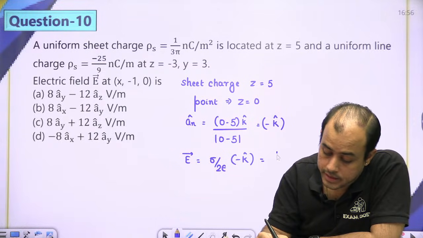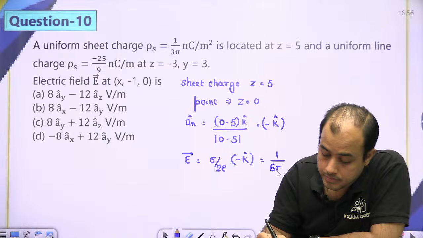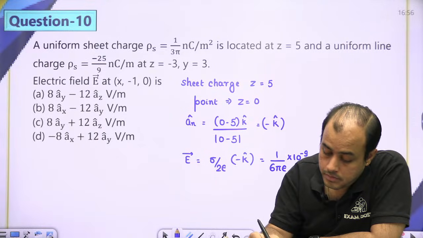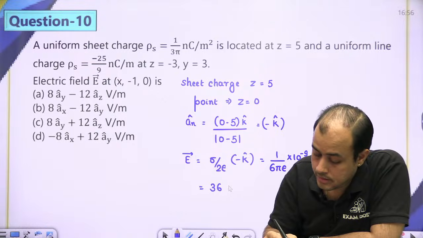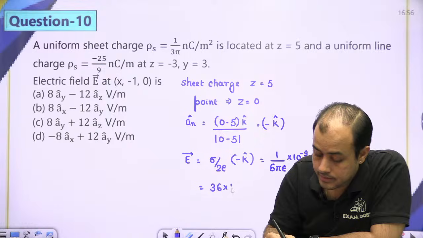Subtract the charge's coordinate from the point. So rho s is 1/3 pi. One by pi epsilon is 36.